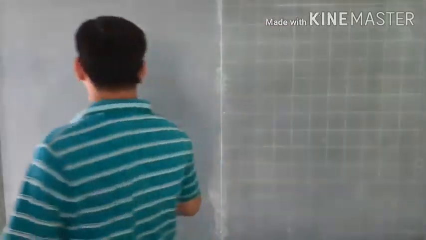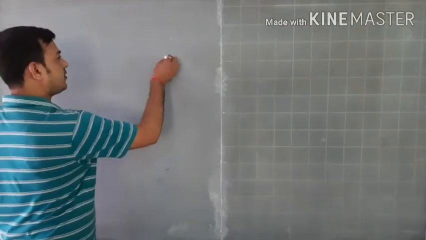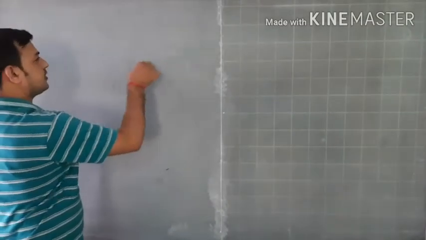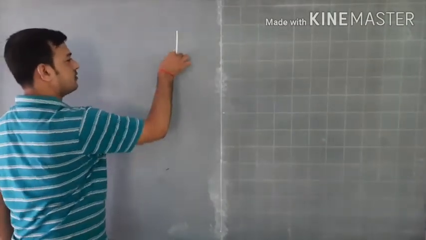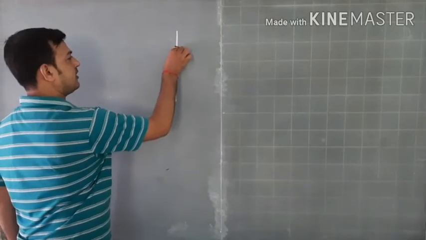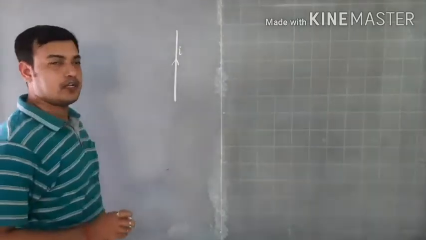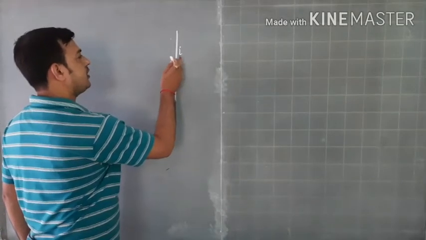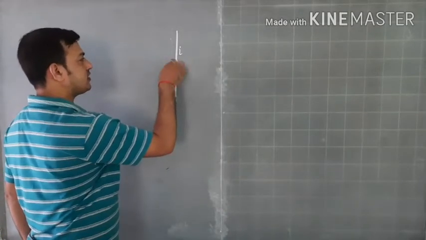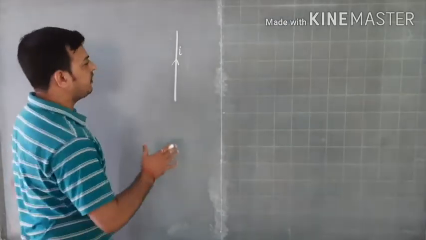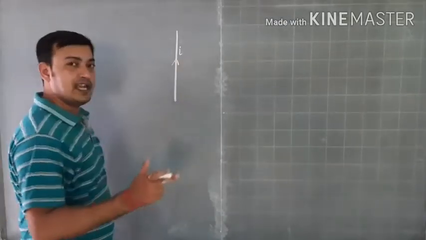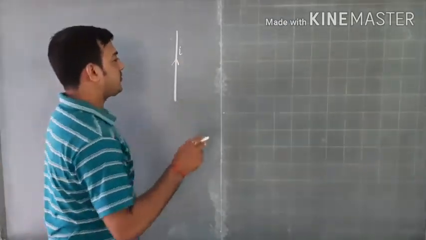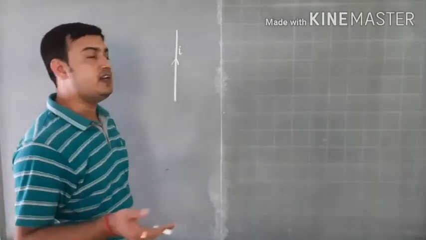So let us see the case that suppose it is a wire and it carries a current of I in the upward direction. From the previous study we know that it will produce magnetic field lines around it, and to represent that magnetic field we make magnetic field lines.